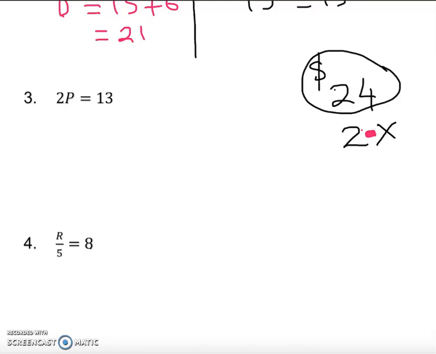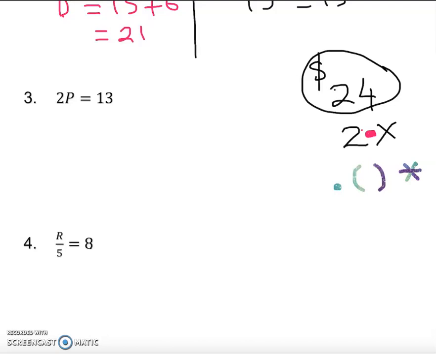This is a multiplication. Sometimes multiplication shows up like this: a dot, open parentheses, this, that, or as you clearly see, nothing. So if there is a number next to a variable on the left side, there is a multiplication.